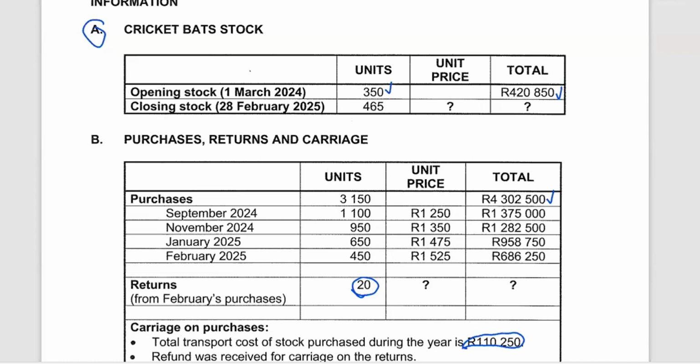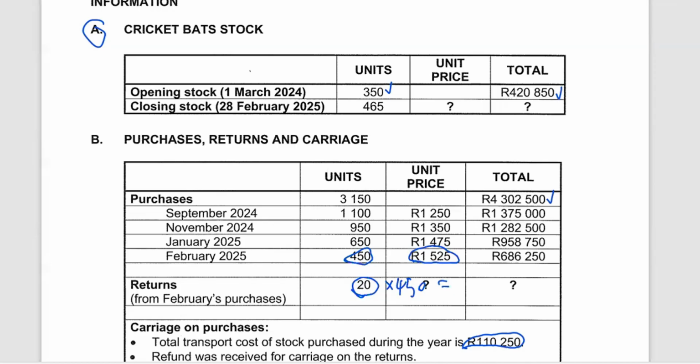So if you go to February and check the unit price, no, sorry, our unit cost is 1,525.